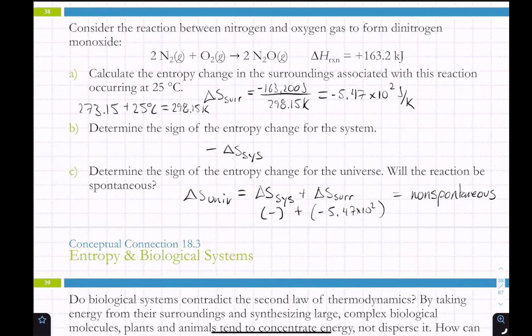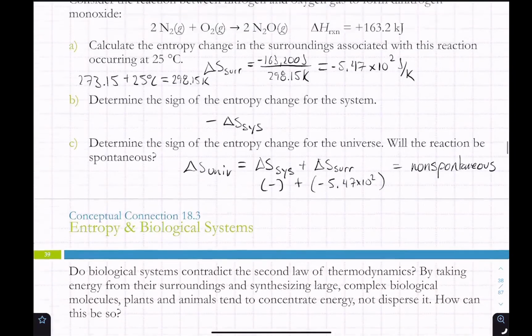So cool. We've put together a way now to calculate, really specifically, the entropy of the surroundings and how that changes. But we're still just using the sign of the system. And that'll be coming up shortly.